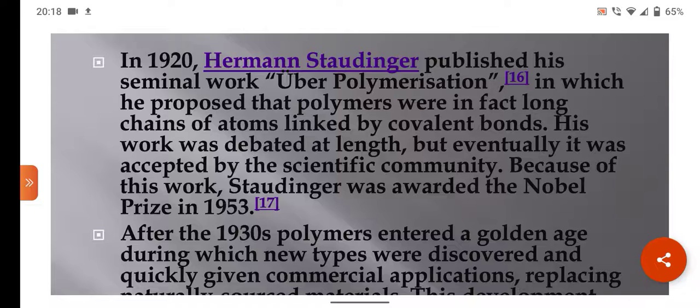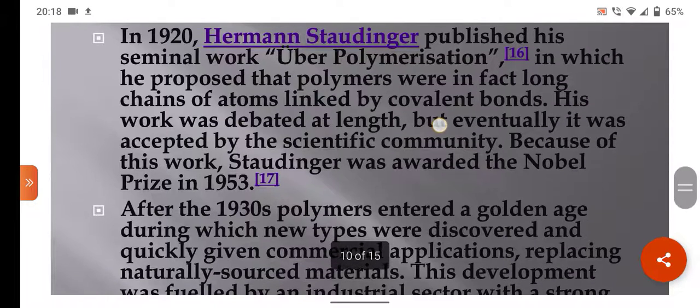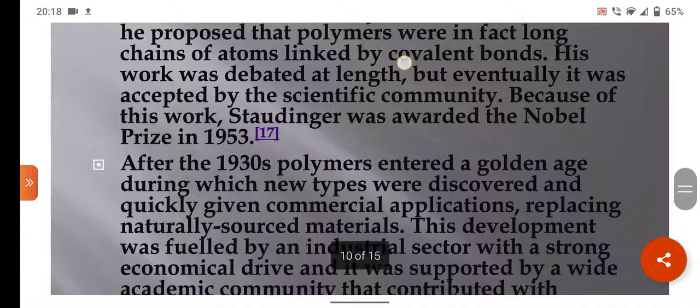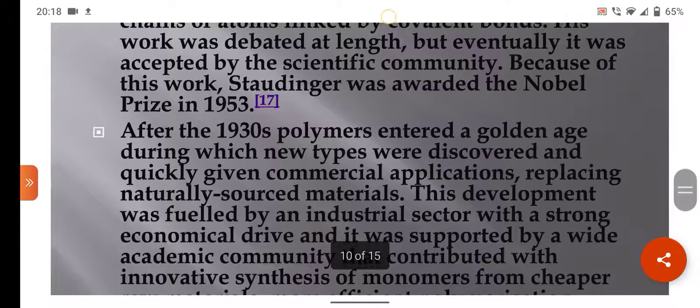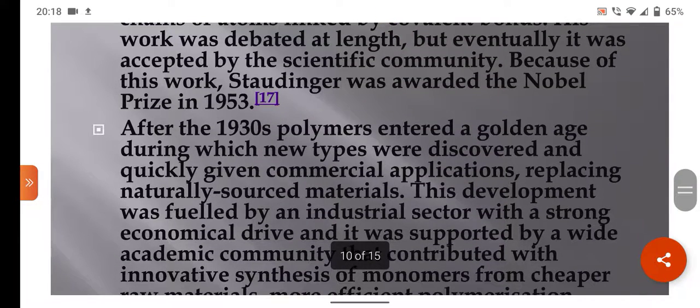Because of this work, Staudinger was awarded the Nobel Prize in 1953. After the 1930s, polymers entered a golden age during which new types were discovered and quickly given commercial applications.